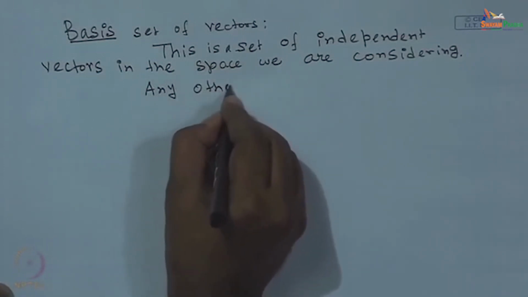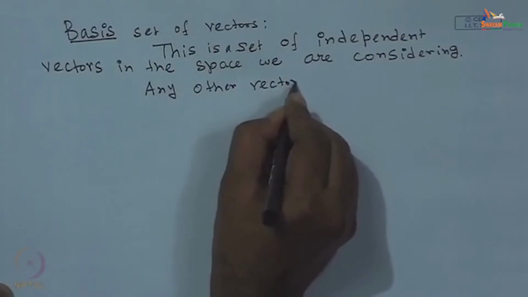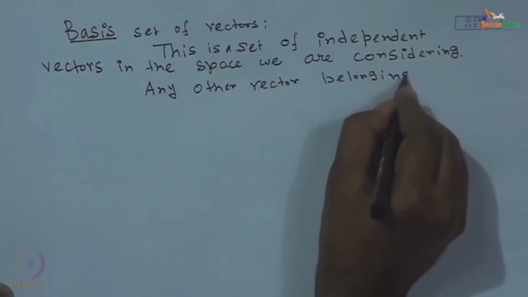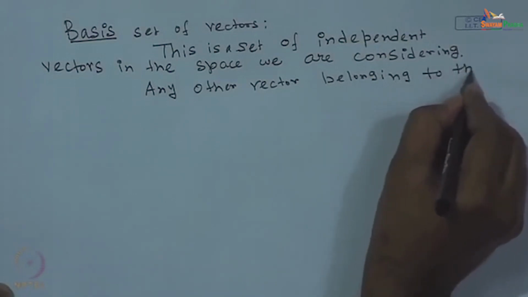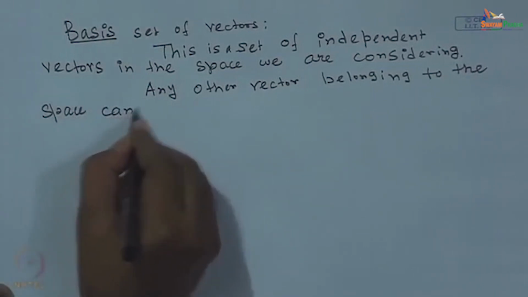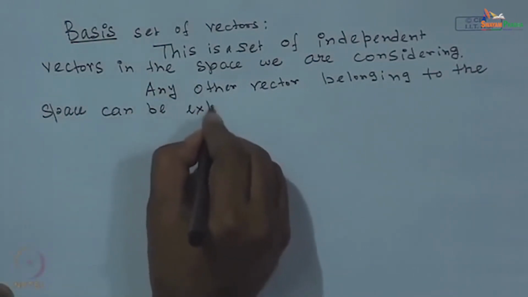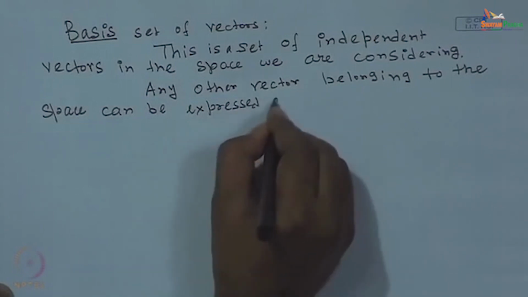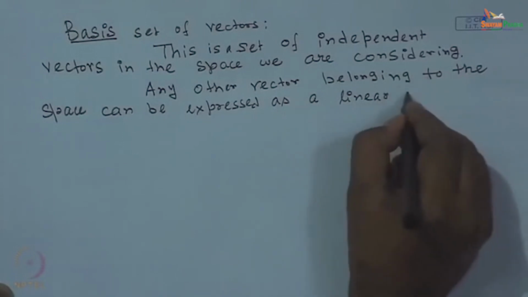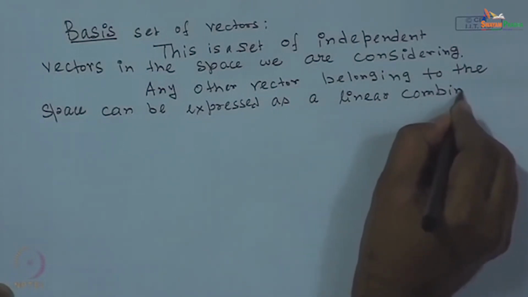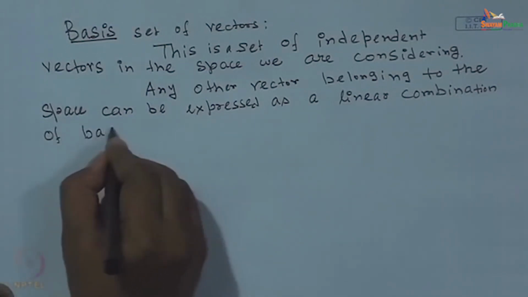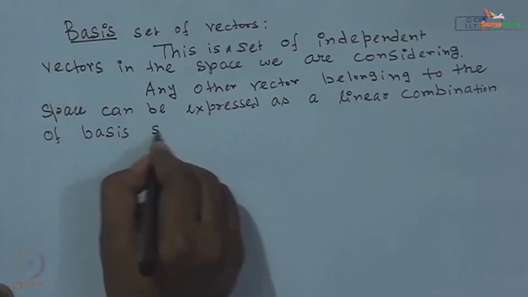Any other vector belonging to the space can be expressed as a linear combination of basis set vectors.